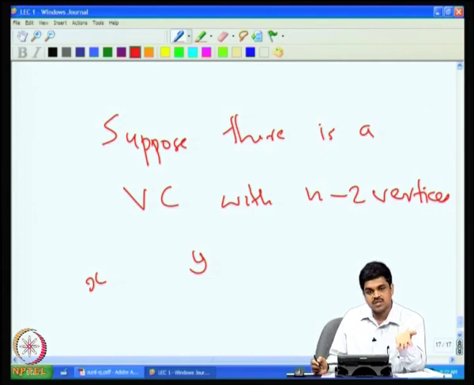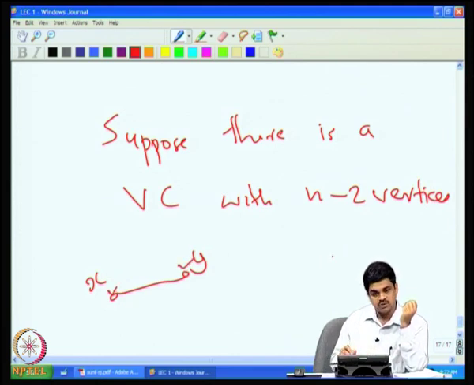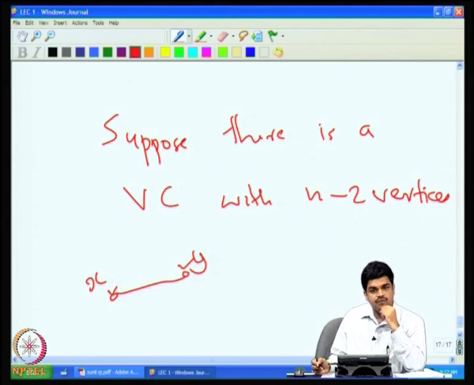Because it is a complete graph, between x and y we do have an edge, and neither x nor y is in the vertex cover we have selected. So, who is covering this edge? Therefore, if we have only n minus 2 vertices in the set we have selected, it cannot be a vertex cover. So, the number of vertices in a vertex cover of a complete graph is at least n minus 1, and n minus 1 is enough.